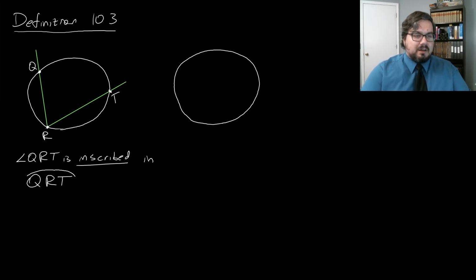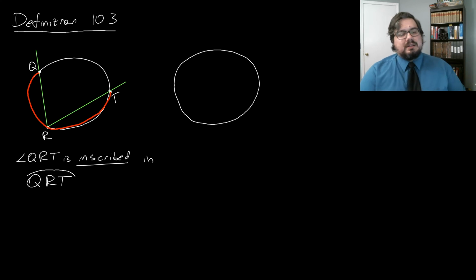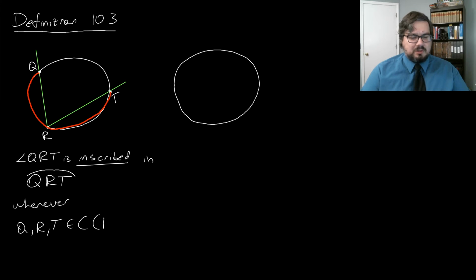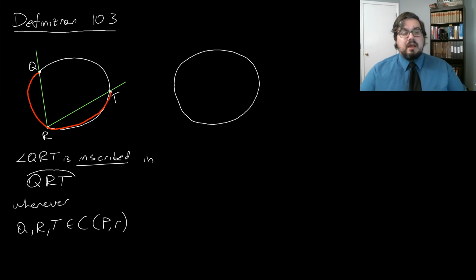In this case, the arc QRT looks like this, and the angle QRT is said to be inscribed in the arc QRT, and that's whenever Q, R, and T all belong to the circle. So that's a term we have for angles whose vertex is on the circle and whose rays also intersect the circle in another point.